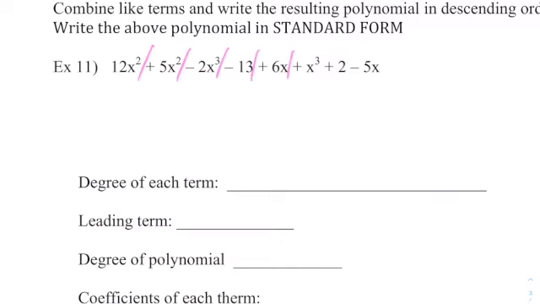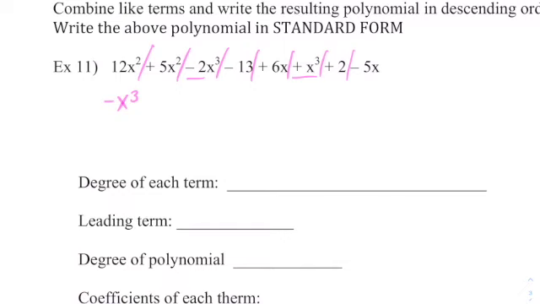The reason I do that is that way I don't forget my terms, and as the problem gets harder, I want to make sure I collect everybody. So the very first thing I'm going to look at is x to the third power. And x to the third power is -2 plus 1, and that's going to be -x to the third power. And then the next one I'm going to look at is the second power. If you do that, you pretty much take care of everything.